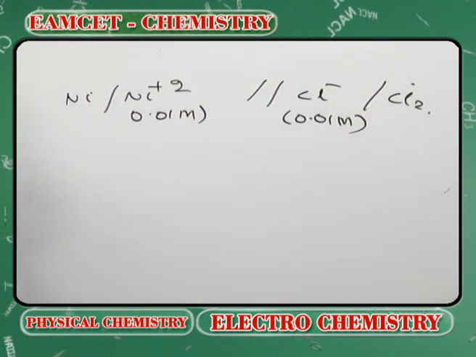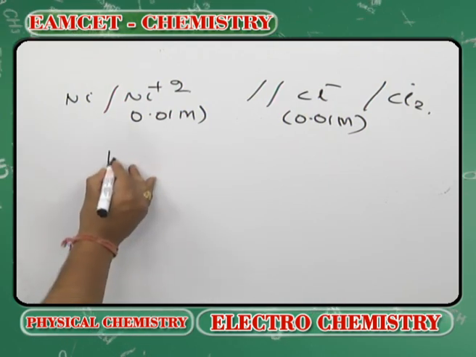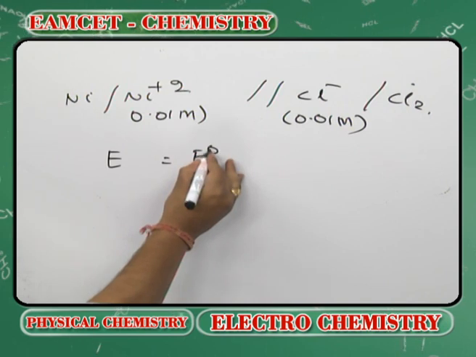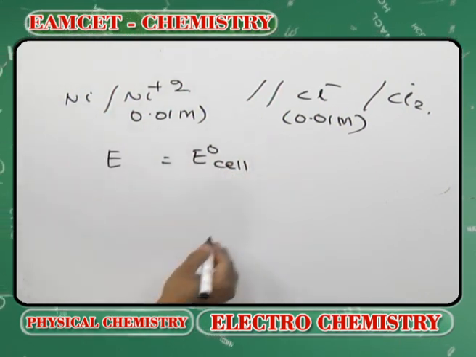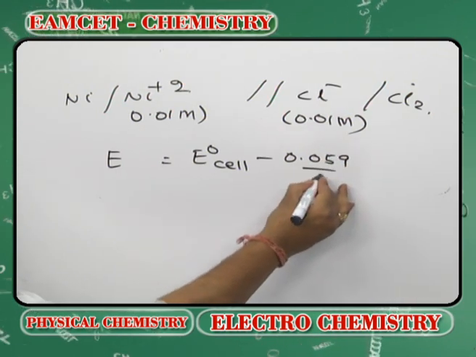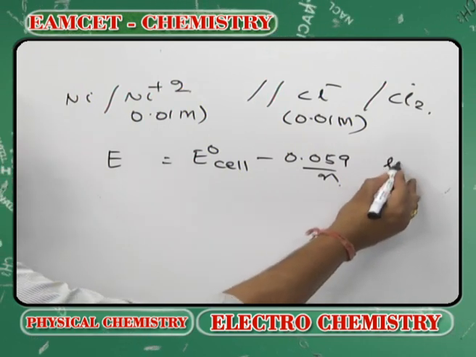So, to calculate the EMF for the cell, what is the expression we have taken? E is equal to E naught of the cell minus 0.059 by N, log Q.